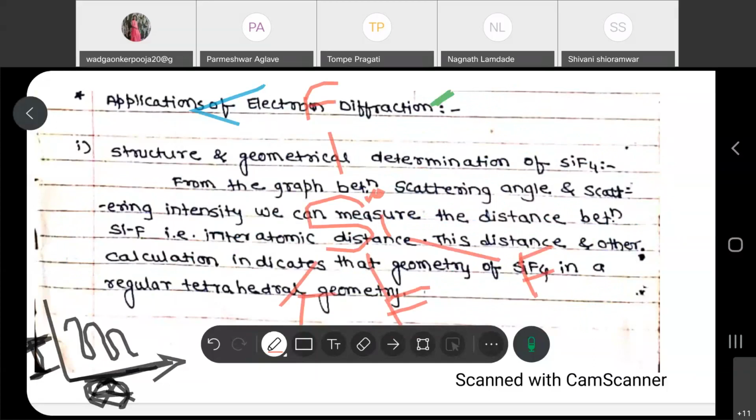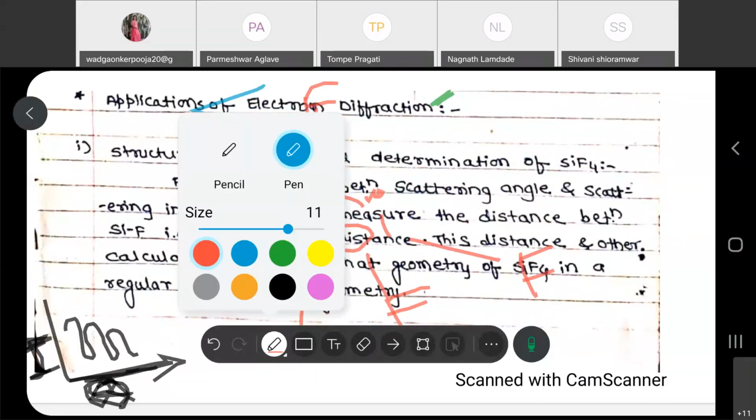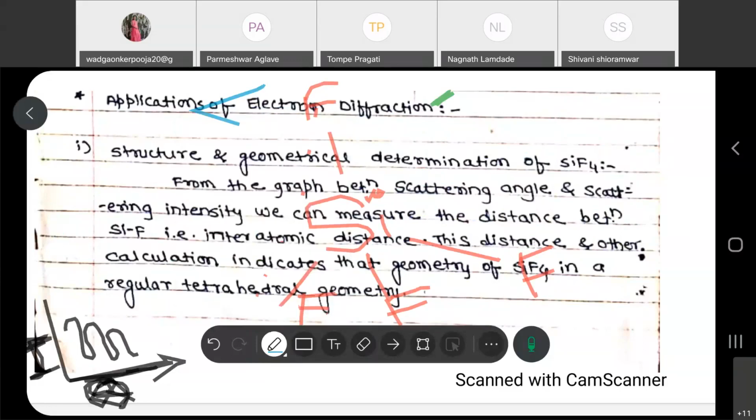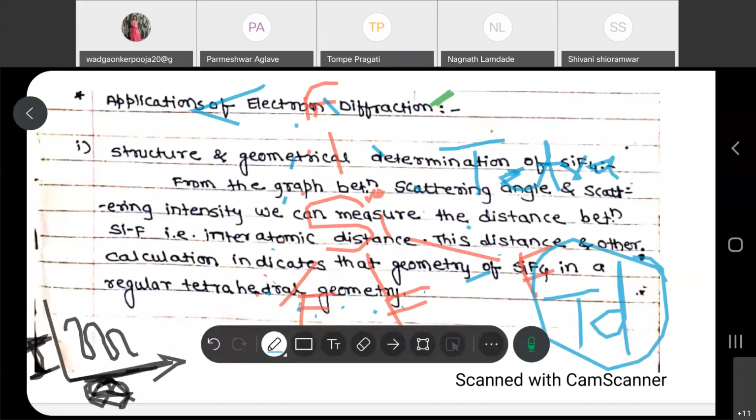As everybody can easily visualize from the diagram, this geometry is nothing but tetrahedral, or you can show it as Td, as you have discussed in inorganic chemistry, in group theory, as well as in electron diffraction. Is that clear to everyone?